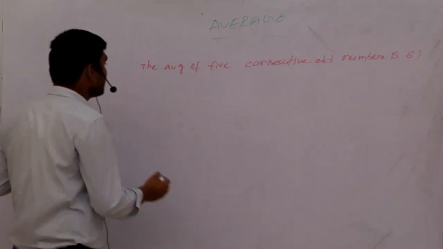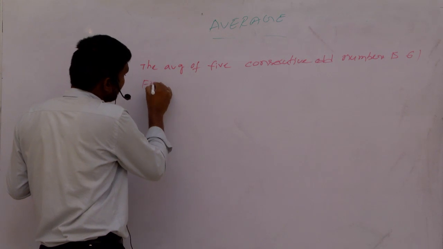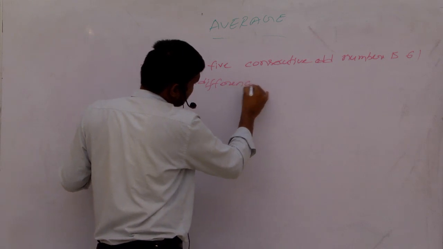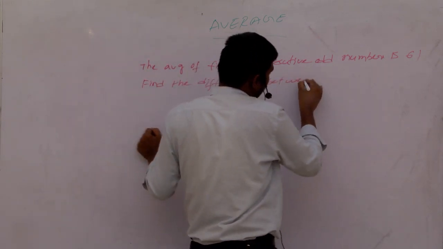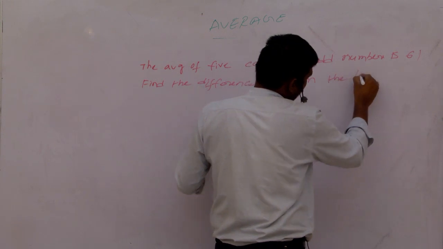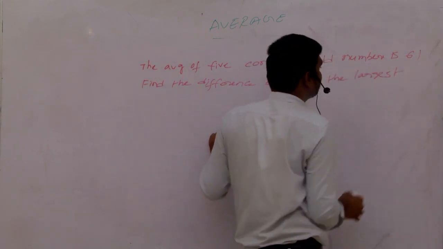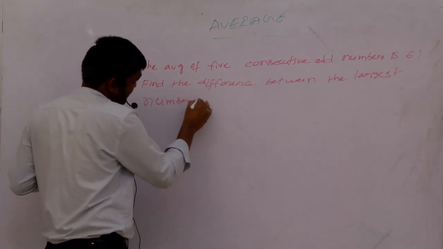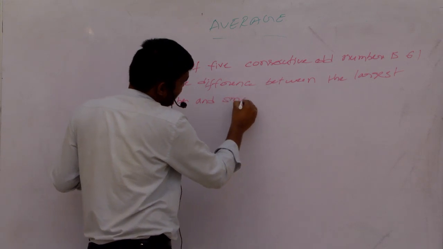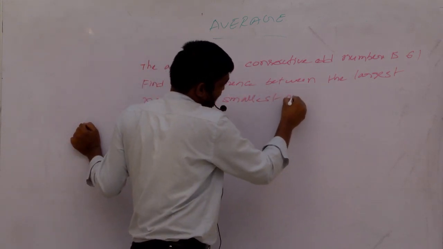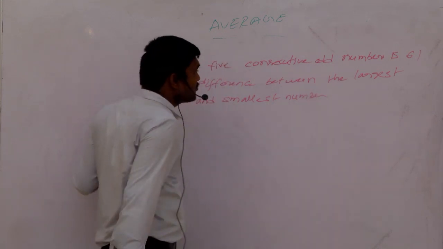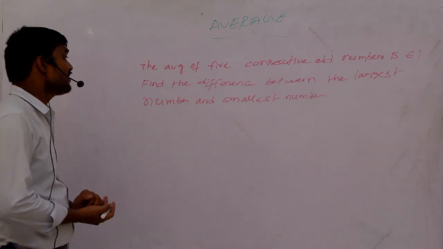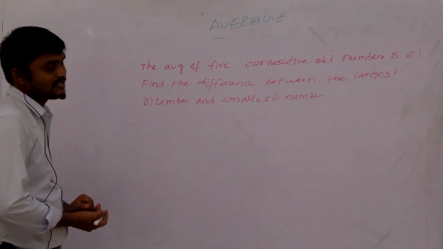Find the difference between the largest number and smallest number. So here, the average of 5 consecutive odd numbers is 61. Find the difference between the largest number and smallest number.